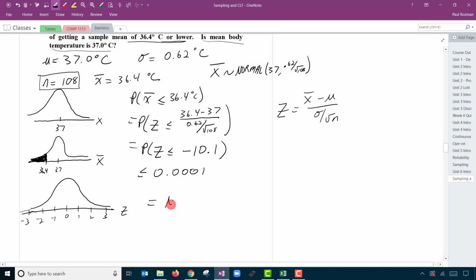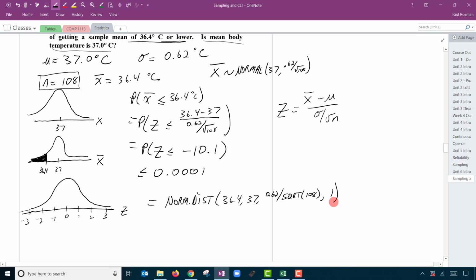We could get this in Excel. It's just norm.dist, 36.4, 37. Our standard deviation is 0.62 divided by the square root of 108.